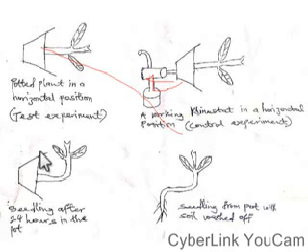Look at the shoots in this test experiment. After 24 hours, the shoot in this one that is not attached to the clinostat bends away from the gravity, while the roots bend toward the gravity.